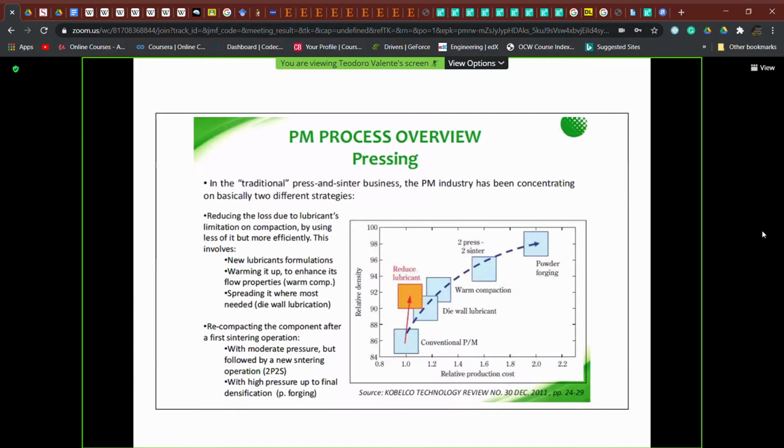On pressing, there are some arguments which are specialist arguments, just to mention to you, which are not so important for us.